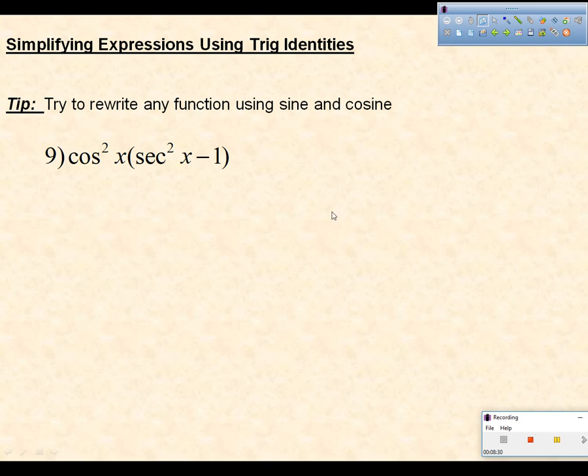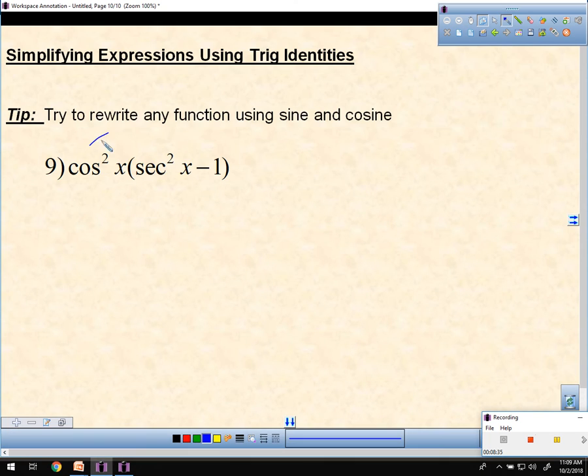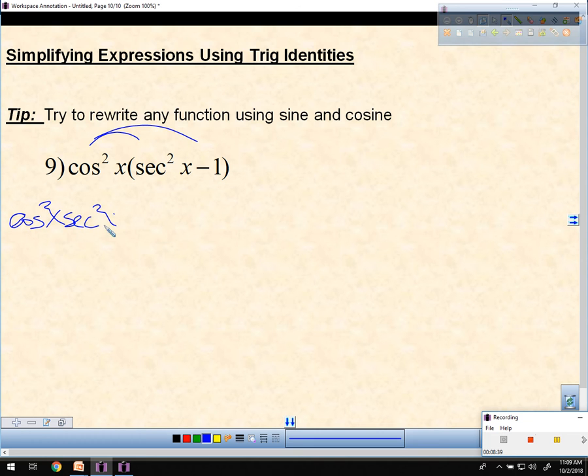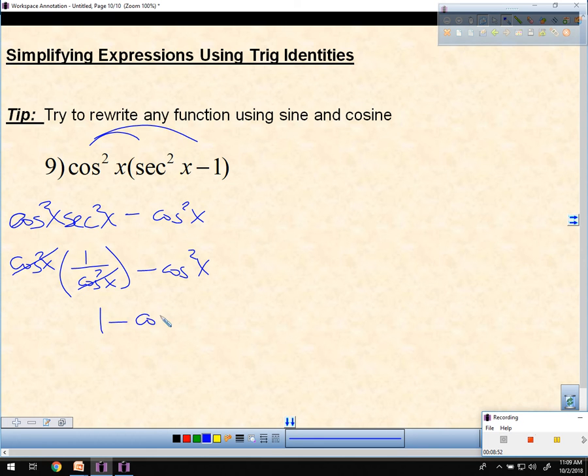For number 9, looks like I'm going to distribute again. So if I distribute cosine squared this time, I would get cosine squared of x secant squared of x minus cosine squared of x. Secant squared of x is the same thing as 1 over cosine squared of x. The cosine squareds, one in the numerator, one in the denominator, will cross out. That leaves me 1 minus cosine squared of x.